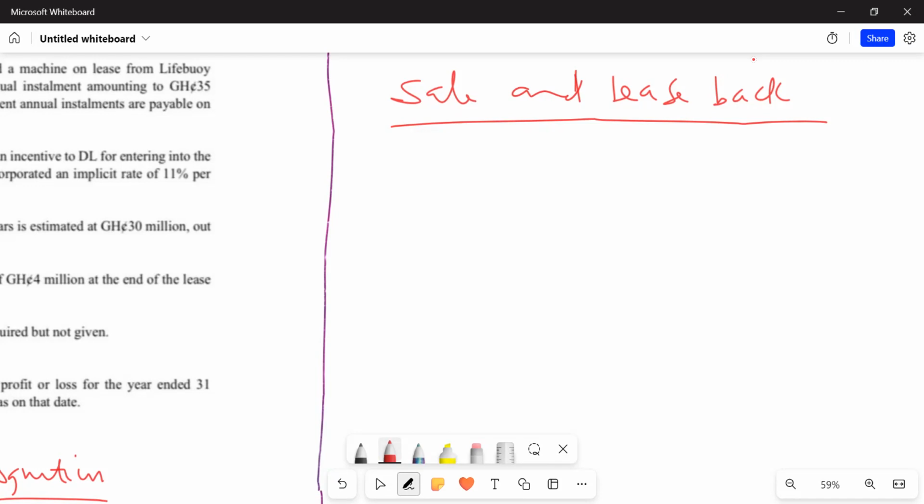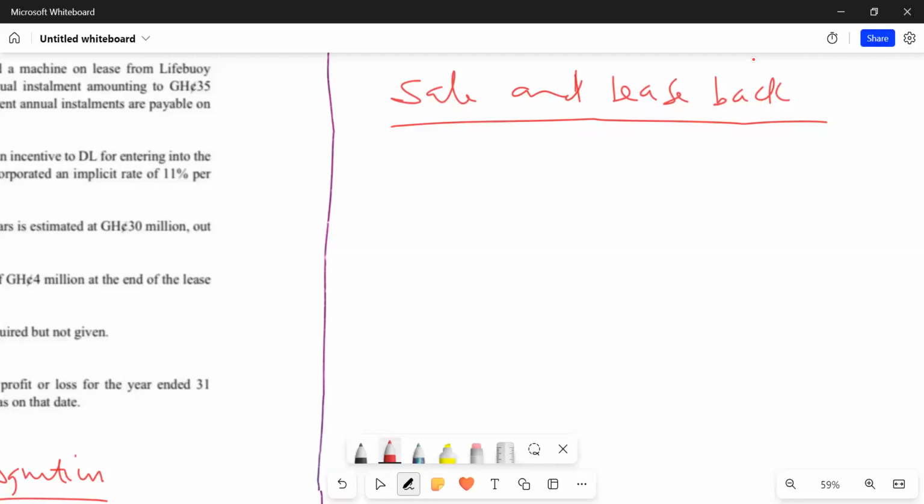Before you do the accounting for the sell and leaseback, you first have to determine whether the transaction constitutes a sale. The movement of the asset that you are giving to the person: can we classify that particular transaction as a sale, or it cannot be classified? How do we determine that a transaction is a sale?